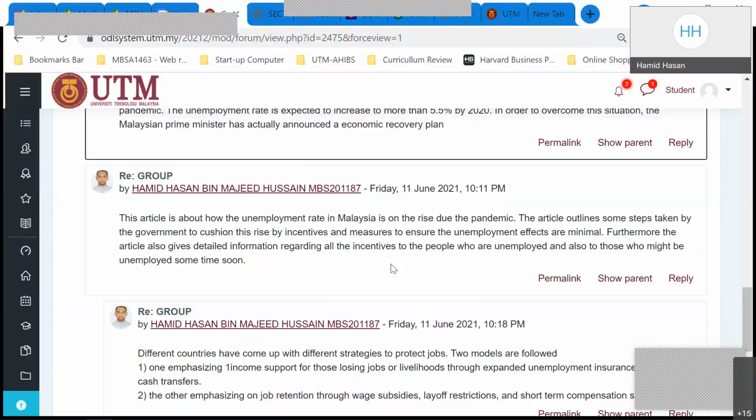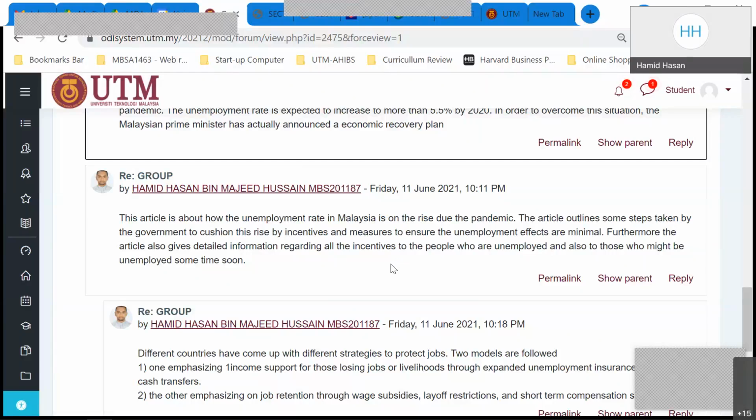The government seems to have come up with some schemes to keep the jobs protected, and also to keep those who have lost their jobs protected. There are various figures and facts which have been covered by my colleagues right before me. Thank you.